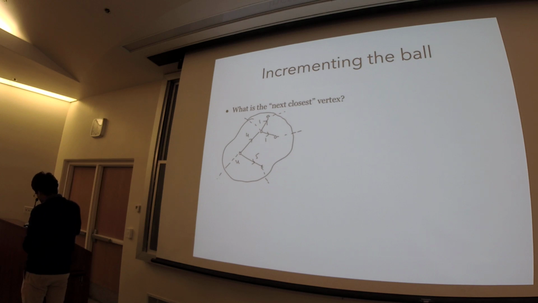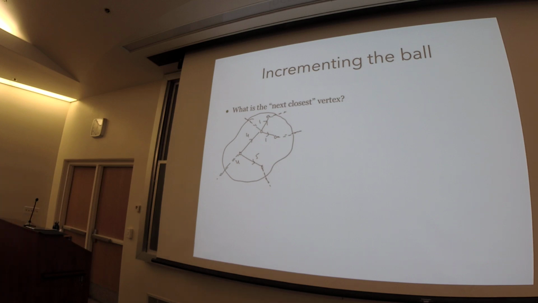So look at all the edges that go out of the ball. And look at the least weight edge. Okay, and his claim is that that would be the next vertex.